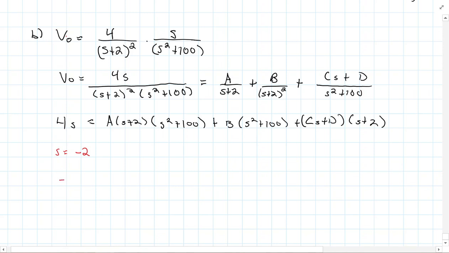So we'd have -8 equal to B times (-2) quantity squared plus 100, which, if we do the arithmetic, we would get -8 equal to 104B, which definitely is not going to be a very pretty number.